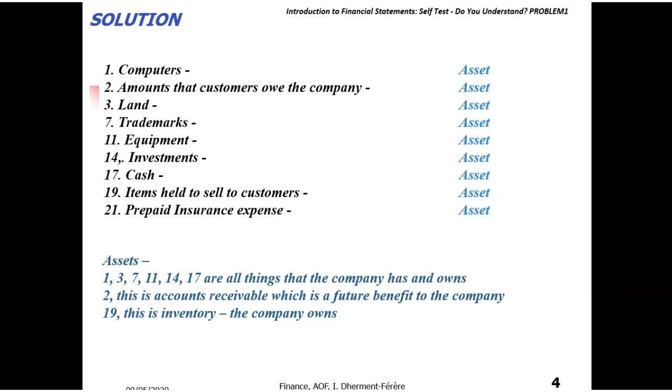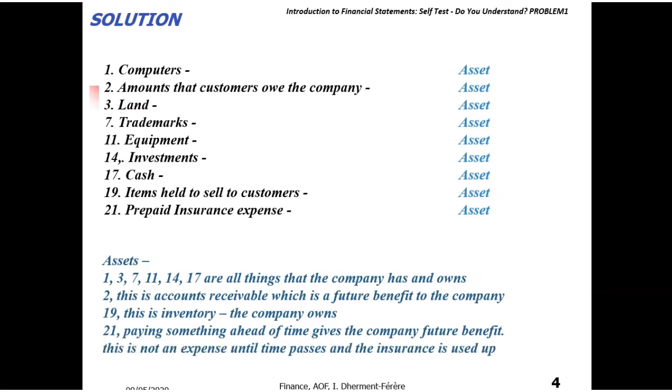For 19, this is inventory the company owns. And for 21, paying something ahead of time gives the company future benefit. This is not an expense until time passes and the insurance is used up.